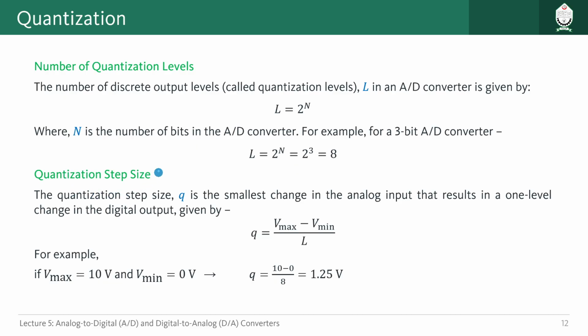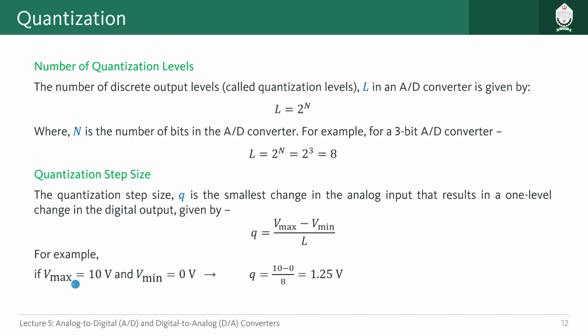This also relates to the quantization step size. The quantization step size, which is denoted by Q, is the smallest change in analog input that results in a 1 level change in the digital output. So basically we are just taking the difference between the maximum value and the minimum value, then dividing that by the number of quantization levels we want, which is 8 in this case.